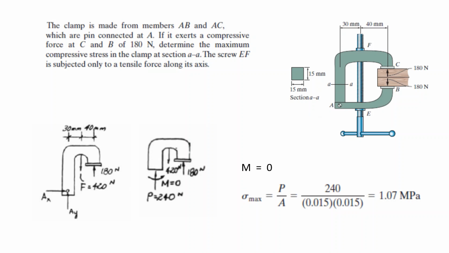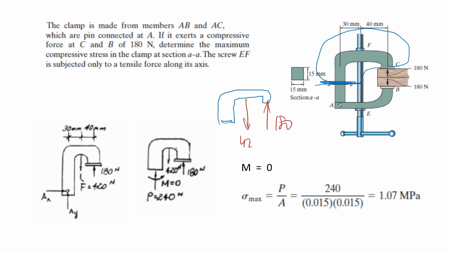And now we're looking for the stresses in section AA. We take again this part. If you take this part, it will look like this. So the external loads are here 180, here you have 420, of course, Newton.